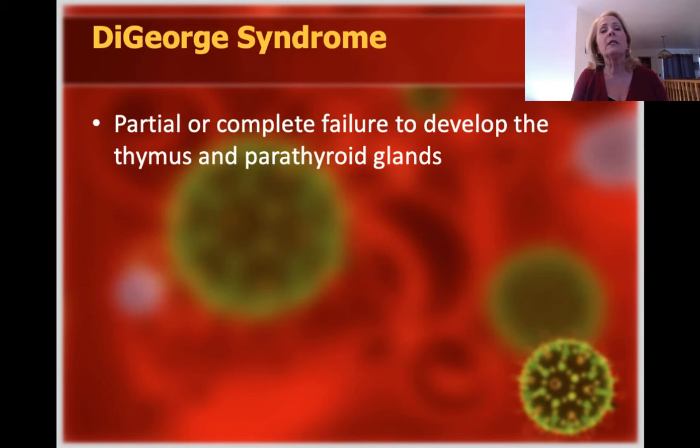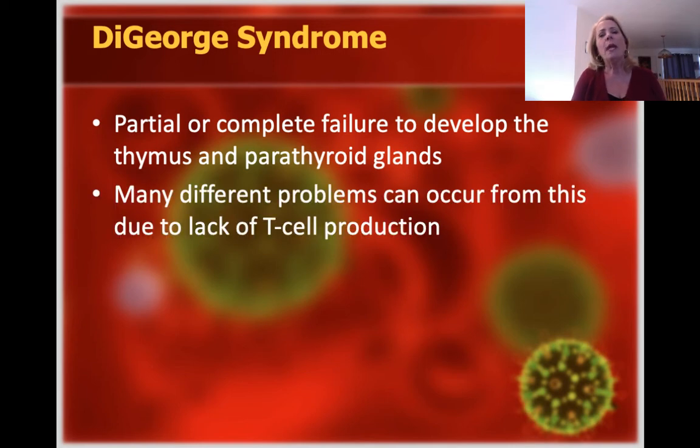The thymus is important for development of your B cells and your T cells. The parathyroid gland is important for production of parathyroid hormone, and parathyroid hormone is necessary to control calcium metabolism. So many different problems can occur, especially due to the lack of T cell production.